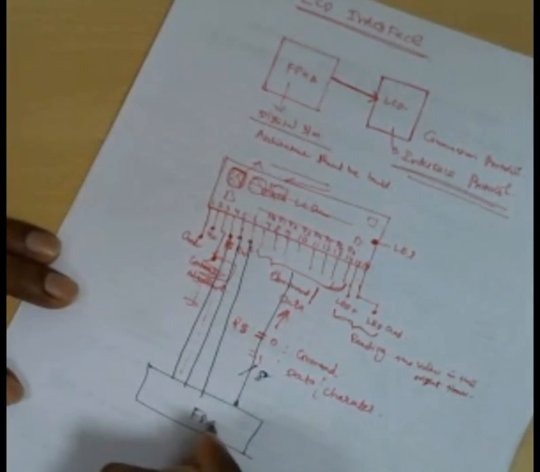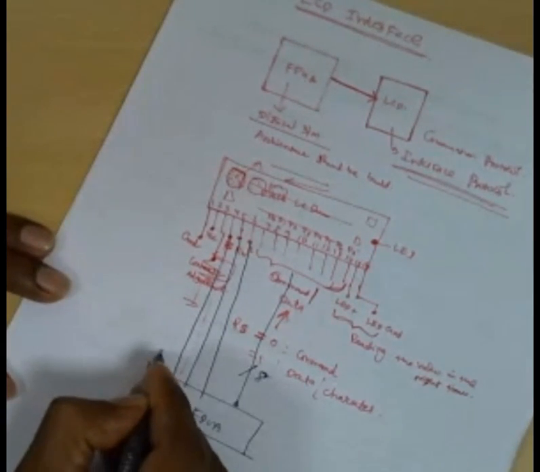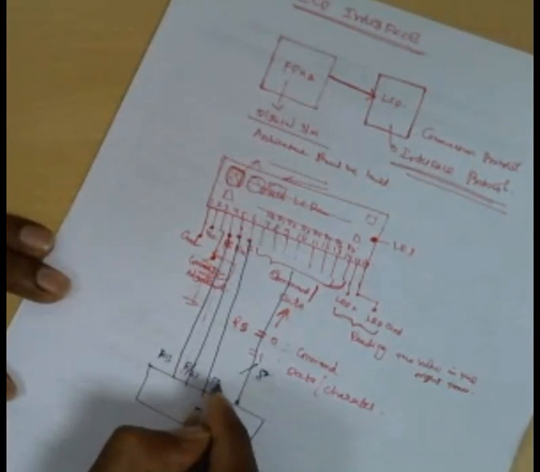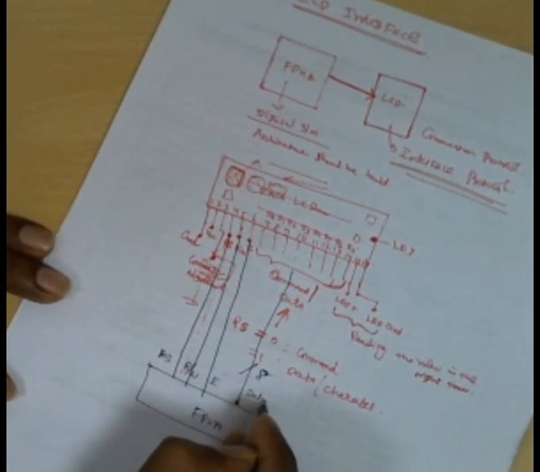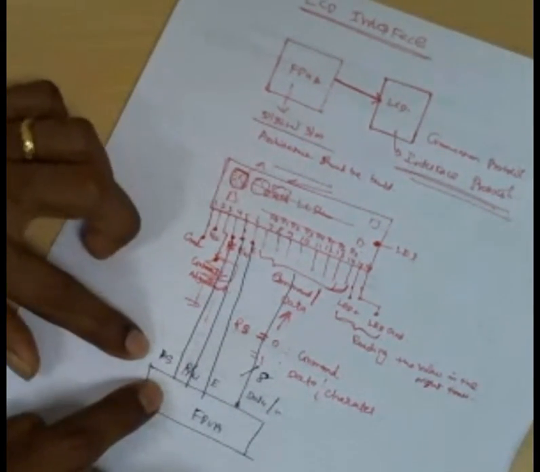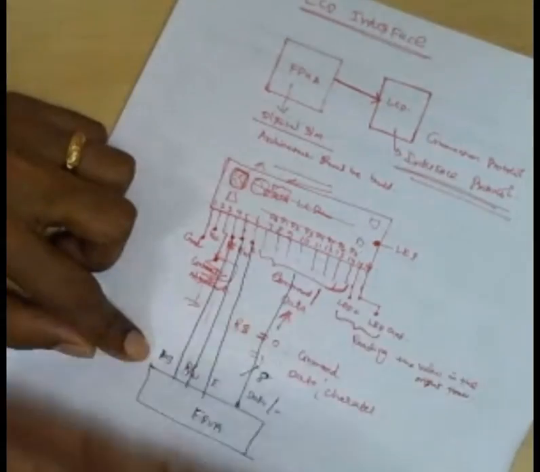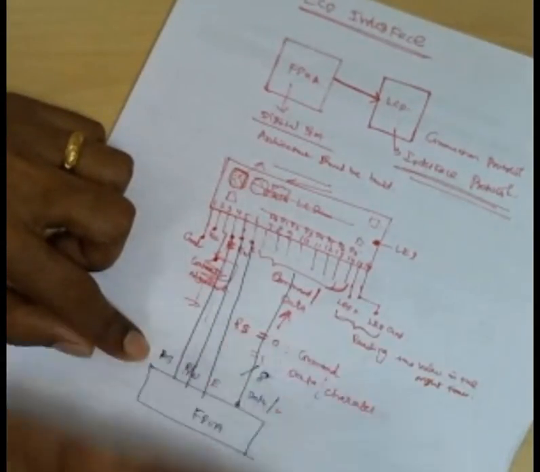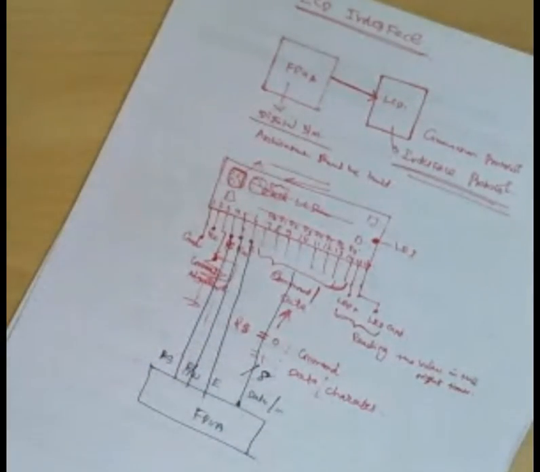The FPGA can control the register select, read bar write, enable, and then data or command. As long as the FPGA maintains RS as 0, it can give the data one by one here. You understand now? So all the data will be taken as a command only by the LCD, right?